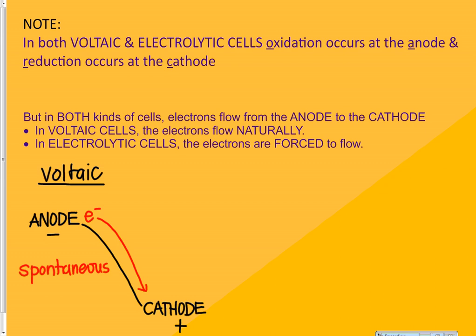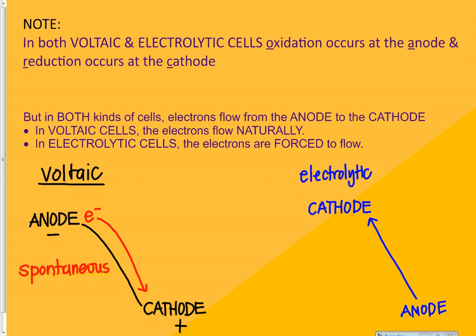Now, in an electrolytic cell, we're forcing this reaction to happen. So I'm going to give you a different diagram here. In an electrolytic cell, what has changed is where the cathode and anode are placed in relation to our analogy of a hill. Now, we're forcing electrons to go from the anode to the cathode.